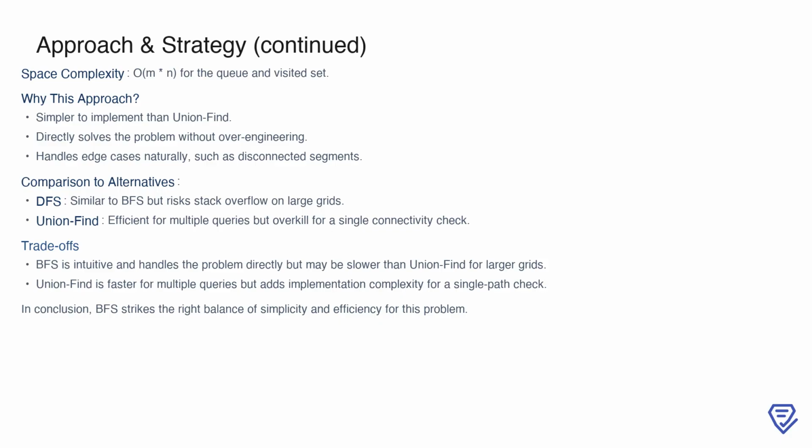In comparison to DFS, BFS avoids the risk of stack overflow on large grids and provides a more structured traversal. While BFS may be slower than union find for very large grids, it strikes the right balance between simplicity and performance for the single-path connectivity check. Overall, BFS is intuitive, easy to debug, and well-suited for this problem, making it the preferred approach.